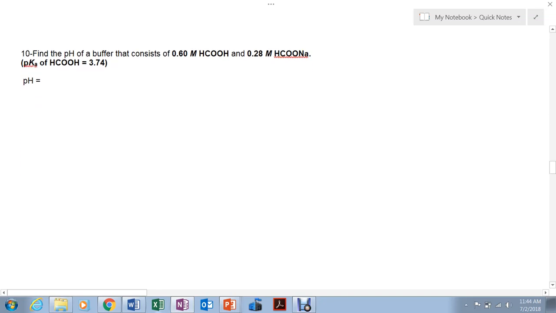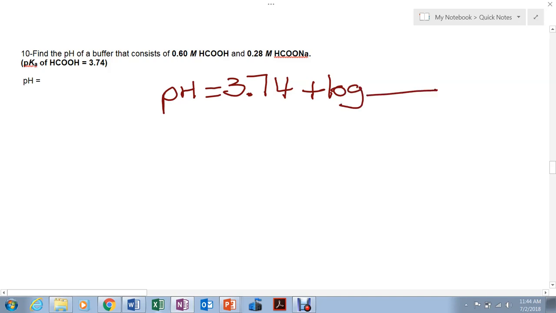Okay, let's do 10. All of them are very similar. So the pH would be the pKa, 3.74. I'm going to put all the values first, plus the log directly, because by now you should know the formula by memory. It's 0.28, which is the conjugate base, divided by 0.60.